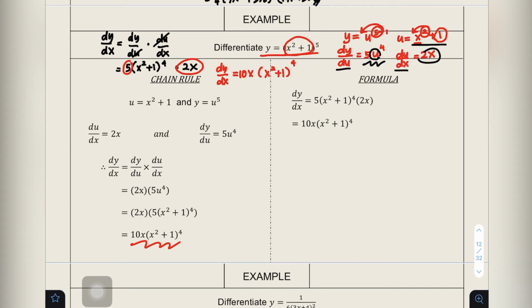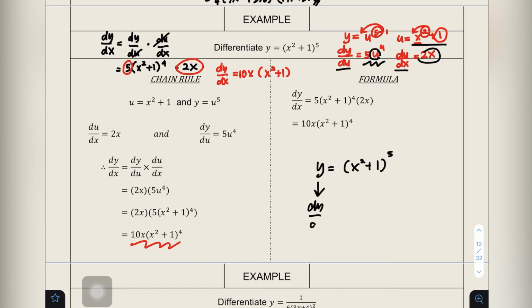How if the same question we want to solve by using the formula? For example, you have y equal to (x squared plus 1) to the power of 5. So we want to use the formula. Remember, what we want to find now is the differentiation of y in terms of x, so you will get dy/dx in return.